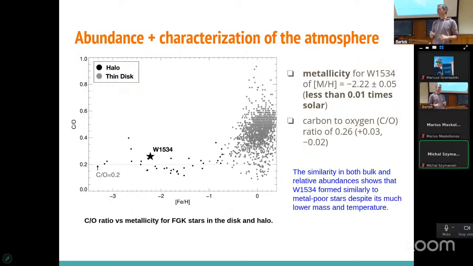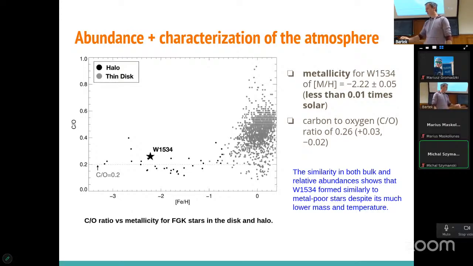Okay, so going further with that, we could verify that the metallicity is indeed very low. We obtained a value of -2, so about less than 1% of the solar abundance, and we determined the carbon-oxygen ratio.